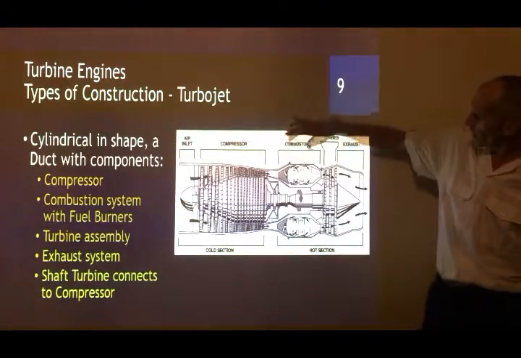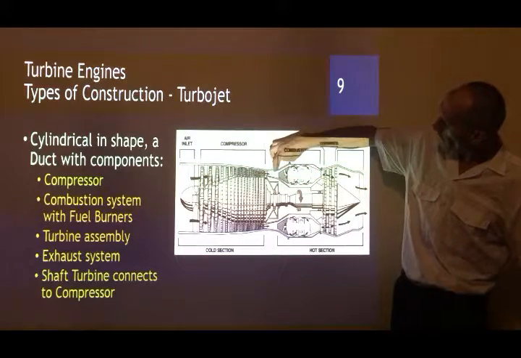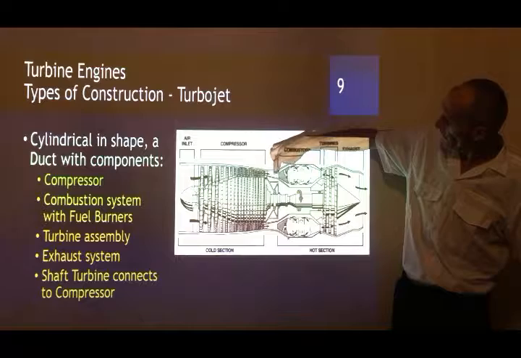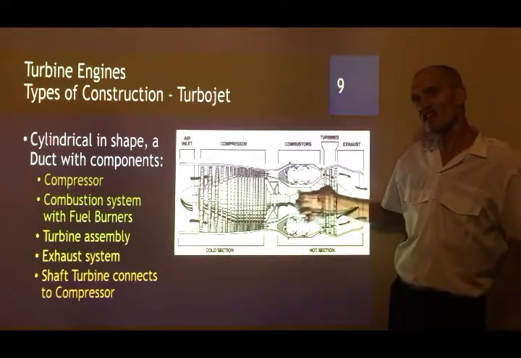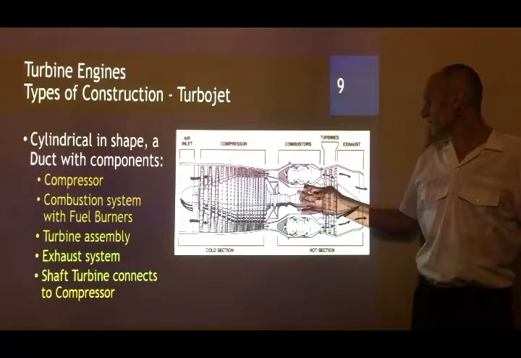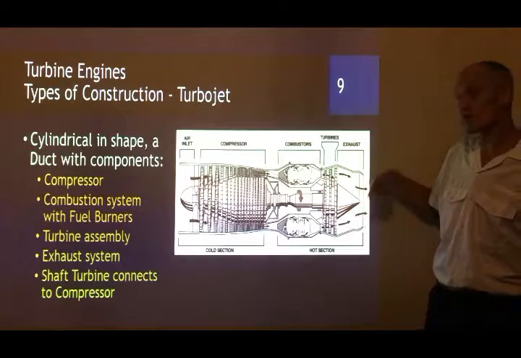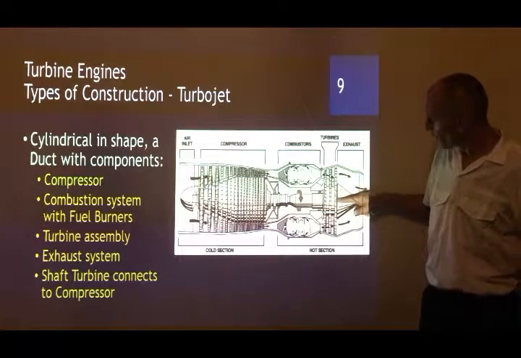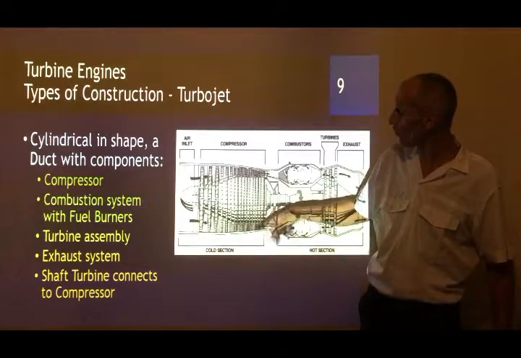Each stage produces a very small amount of pressure, but many together will produce a massive amount of pressure. In the combustion chamber, highly compressed gas goes in, fuel gets added, there's ignition, and a massive expansion of gases through the turbines spins this turbine. This turbine is directly connected with the shaft to the compressor.